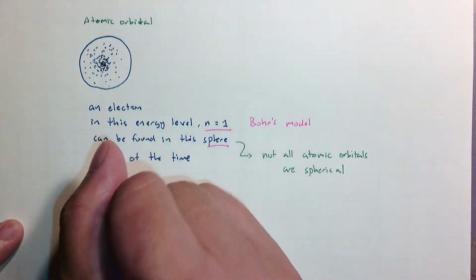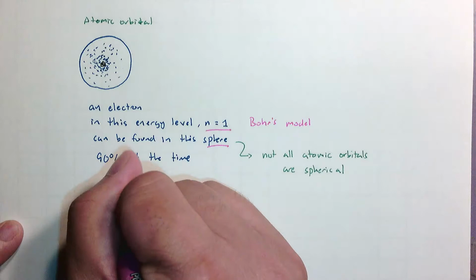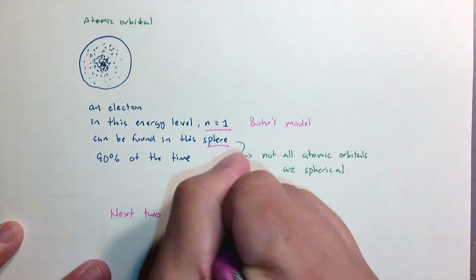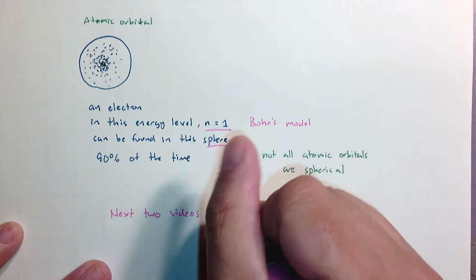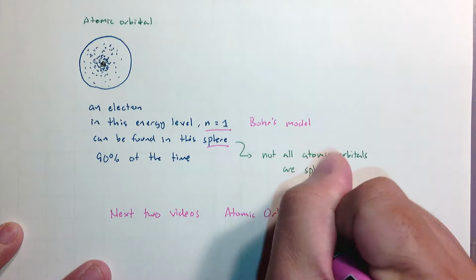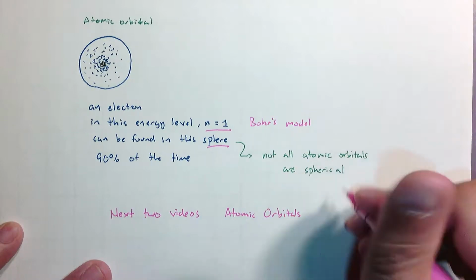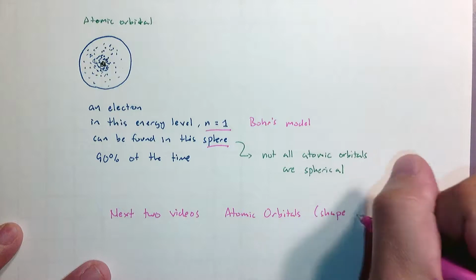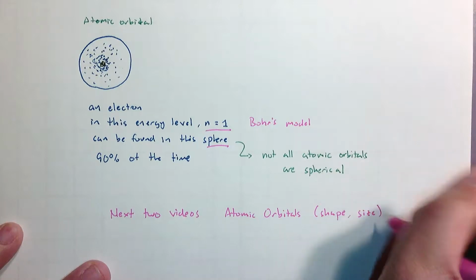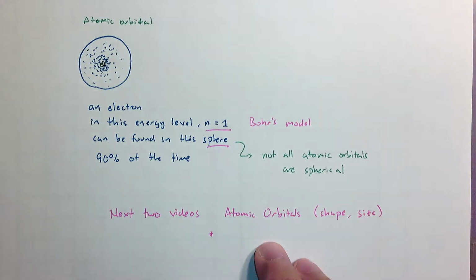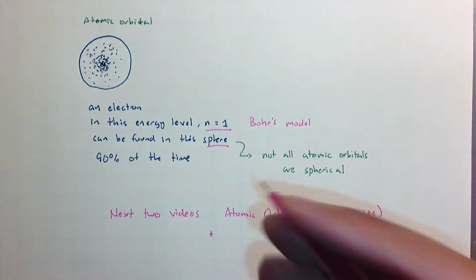Hence, we will continue this discussion on atomic orbitals and this idea of radial probability density in future videos. In the next 2 videos, we're going to talk more about atomic orbitals, including the shape, the size, and, connected to the atomic orbital, the radial probability density.